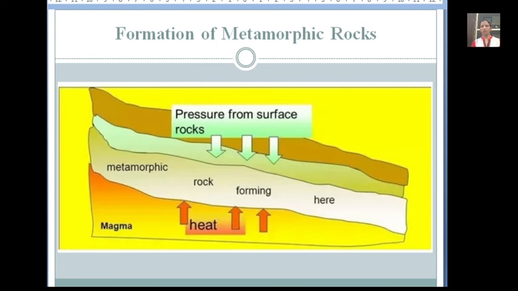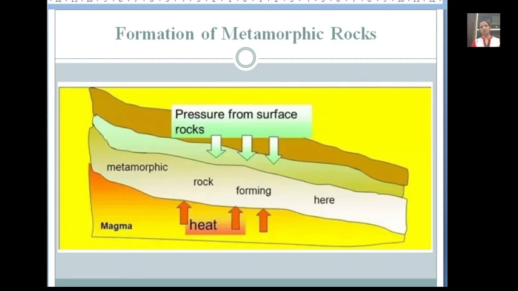For example, when sedimentary rocks' properties are changed due to temperature and pressure, then it is called parametamorphism. And when igneous rocks change their properties due to various geomorphic processes, then it is known as orthometamorphism.